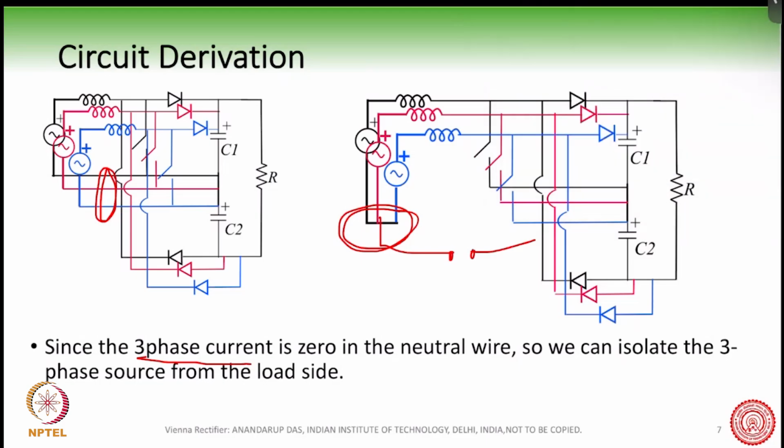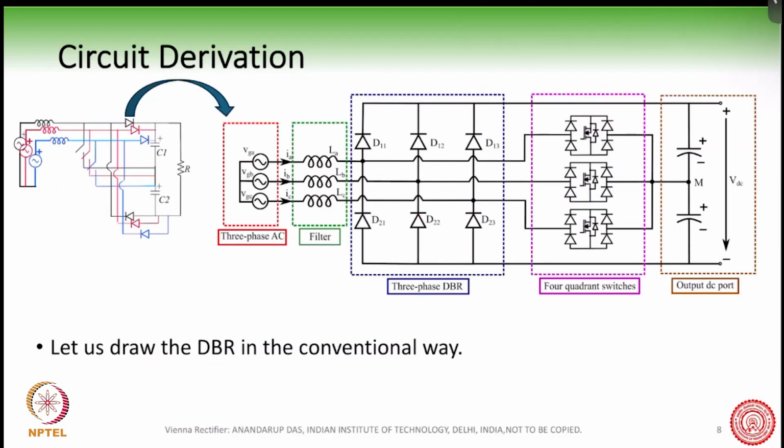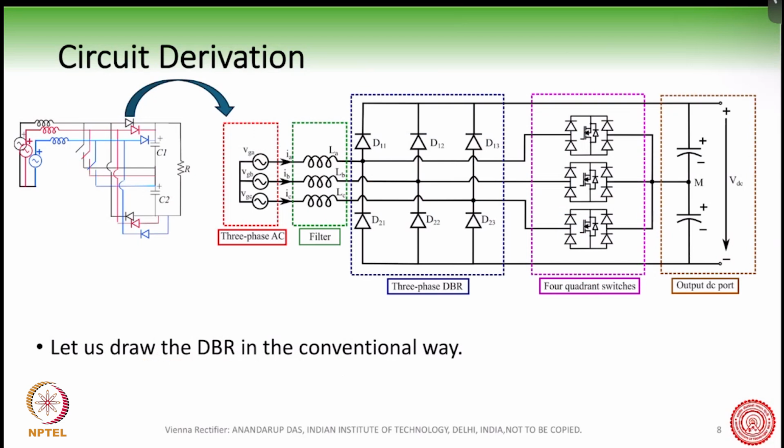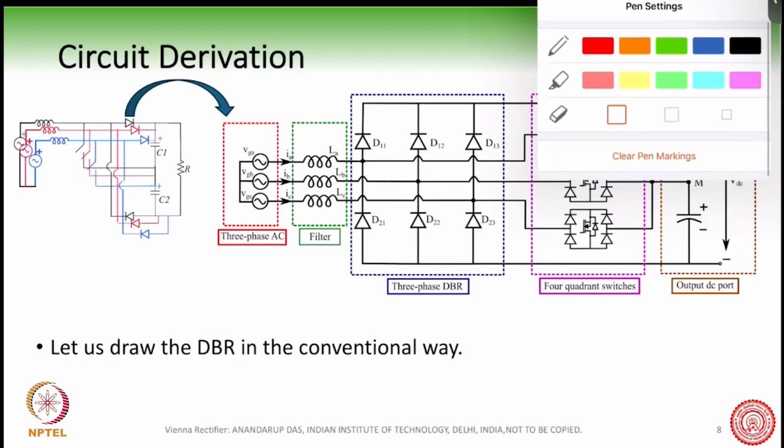It is not needed, because the sum of the three currents is zero. So the first step we are doing is we remove the neutral point connection, and then we see whether we can further improve the circuit.